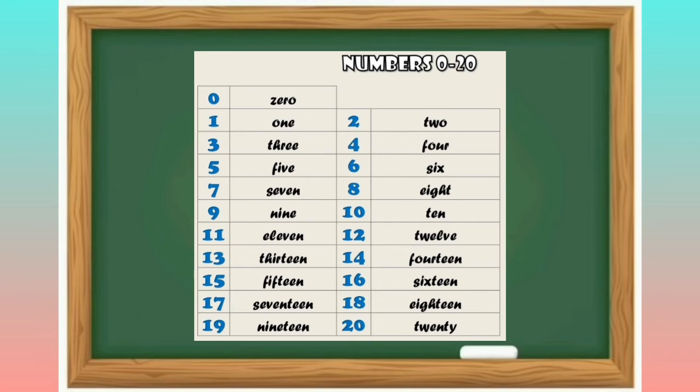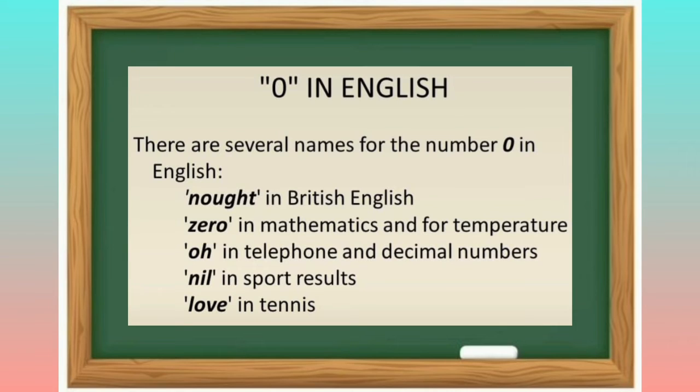For example, we are starting from 0, as the first number in our list below. The number 0 can be pronounced in several different ways.